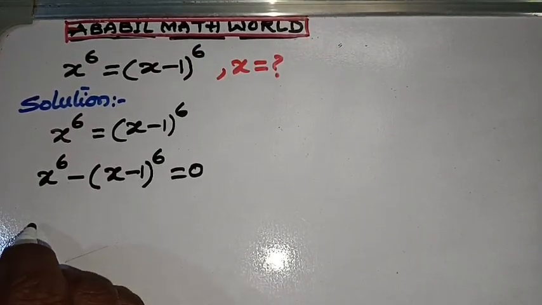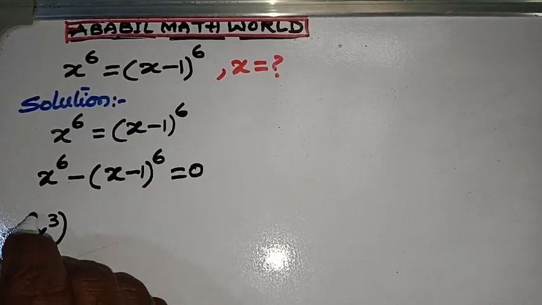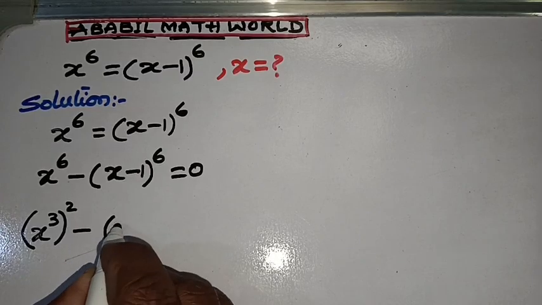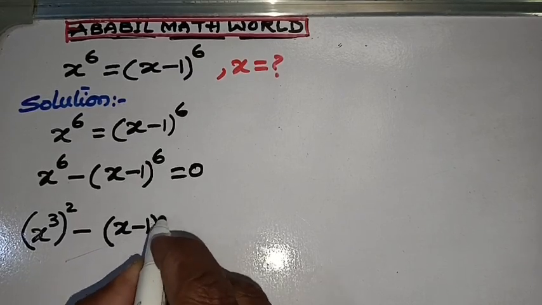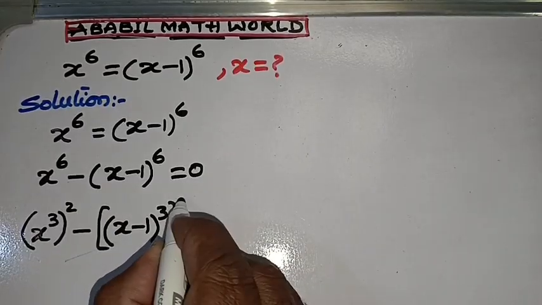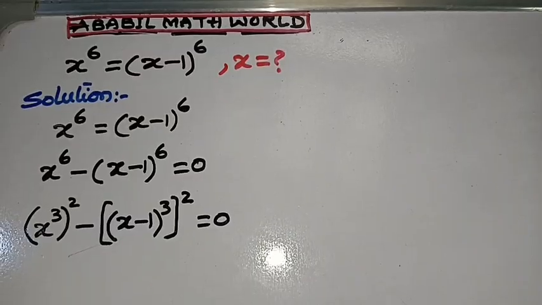So this one we can write x to the power of 6 as (x cube) whole square minus, in a similar way, ((x minus 1) whole cube) whole square is equal to 0.